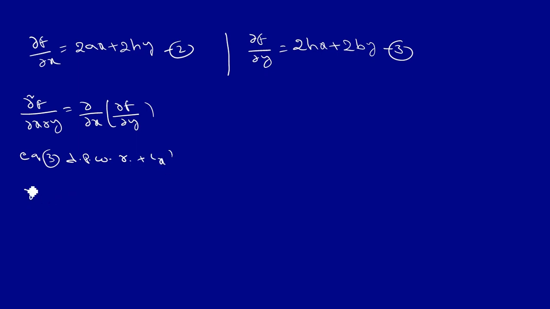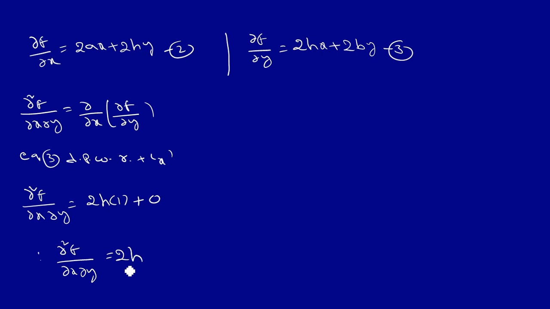Therefore ∂²f/∂x∂y equals 2hx: 2h is constant, x differentiation 1, plus 2by is constant, so 0. Therefore ∂²f/∂x∂y equals 2h.